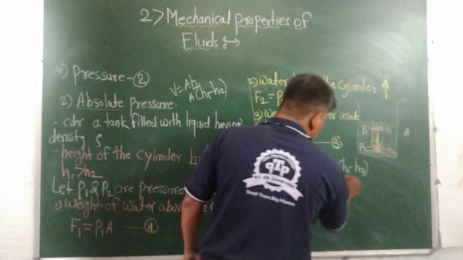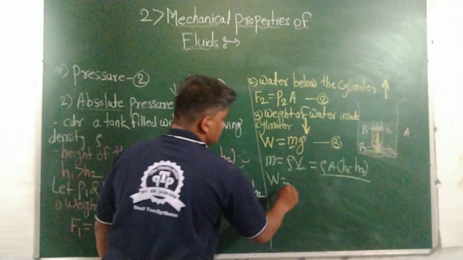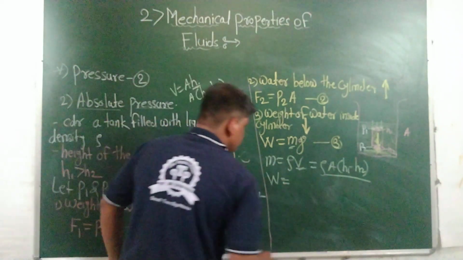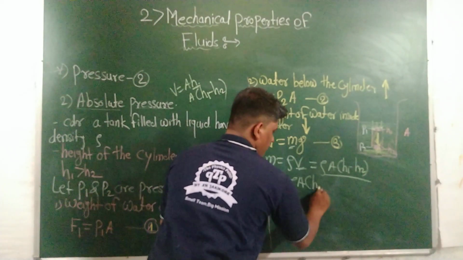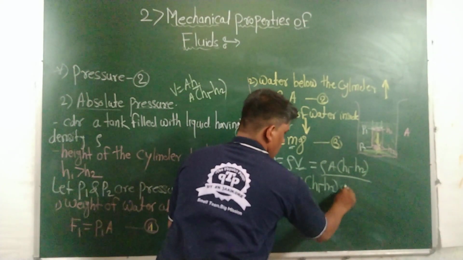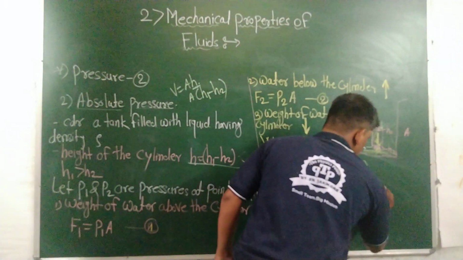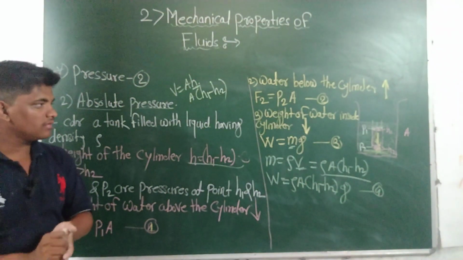Just substitute this value in place of M in equation number 3. Then it is rho A into (H1 minus H2) into g. This is W, and we call this equation number 4.